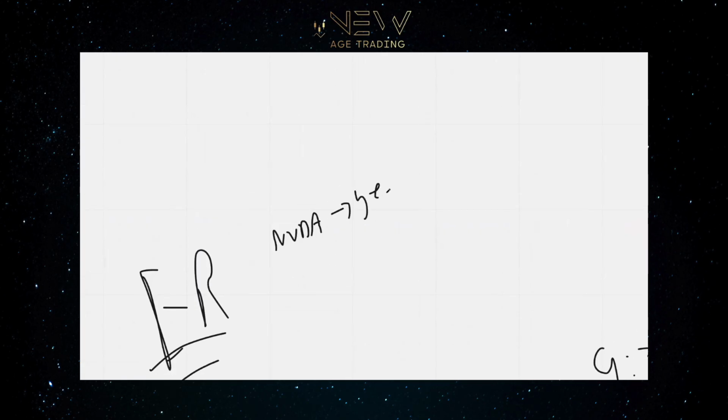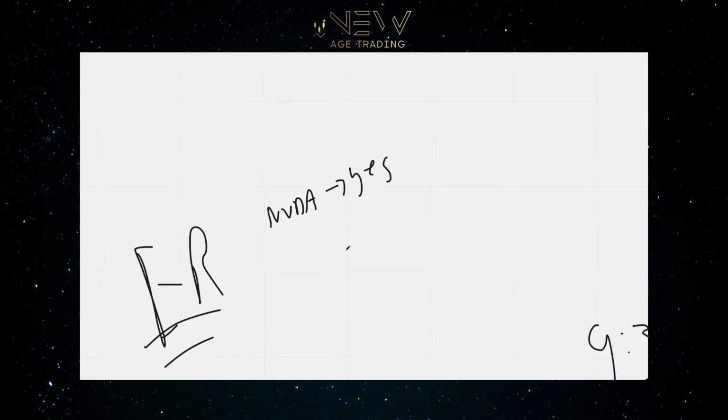Yes, right? So if SPY has relatively low IV, my question is, what do you think XLK has? Do you think XLK, the technology sector, is going to have more or less IV than Nvidia?